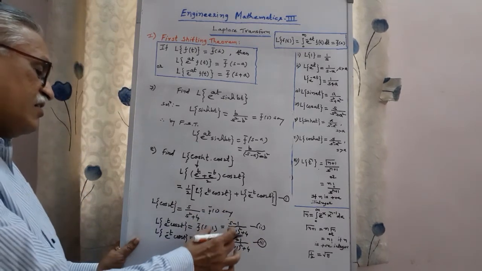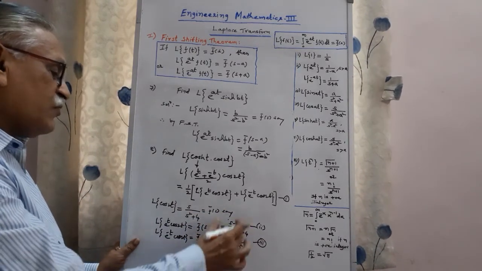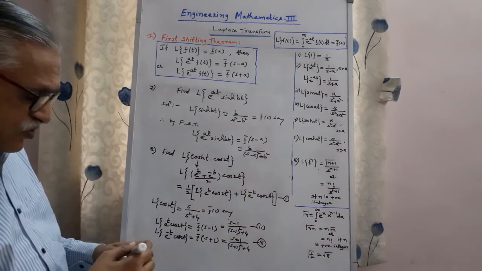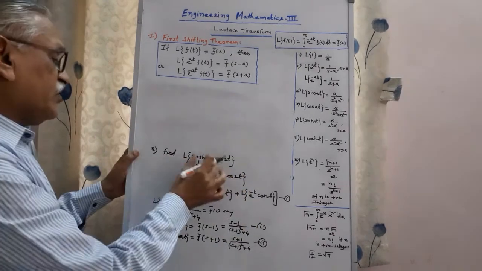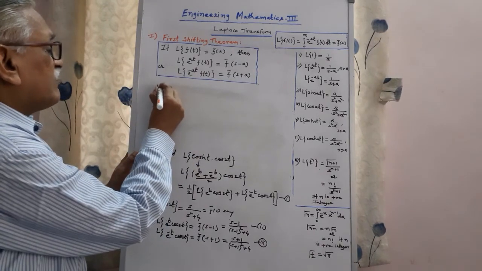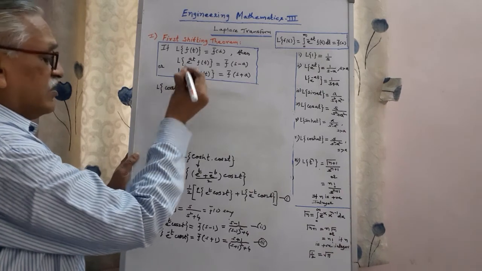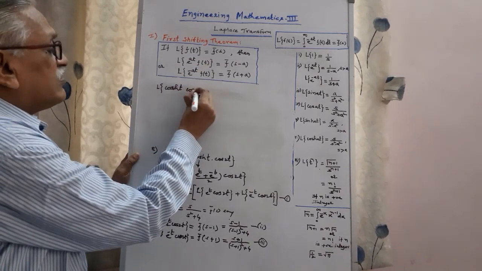And then these two Laplace transforms we put here to get the Laplace of cosh t into cos of 2t.